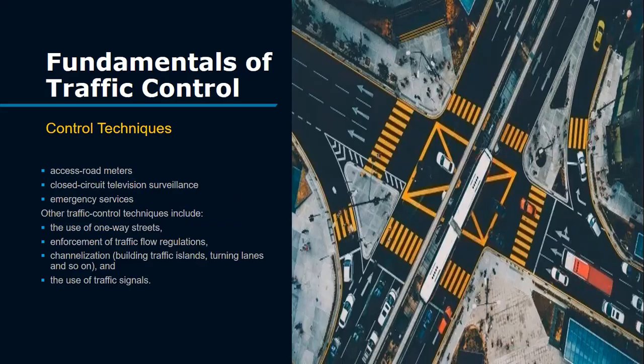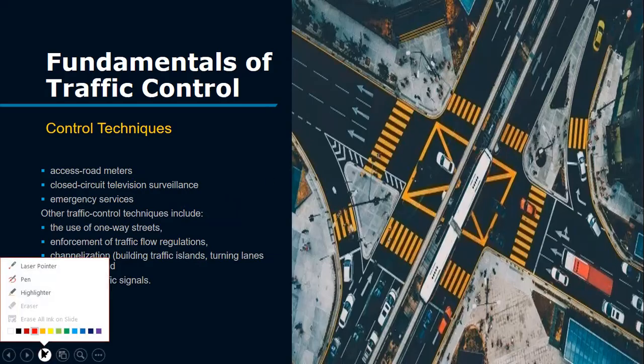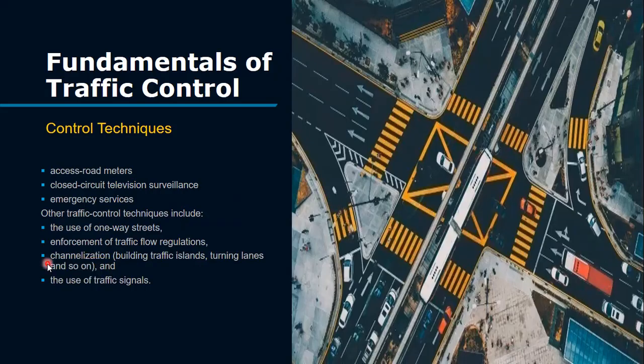First is access road meters. When we say access road meters, it is used to monitor and control the motorway, with closed circuit television surveillance to detect quickly any deterioration in traffic flow, and to alert the emergency services in case of accident and injury.